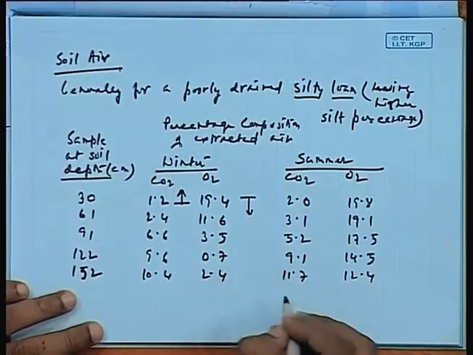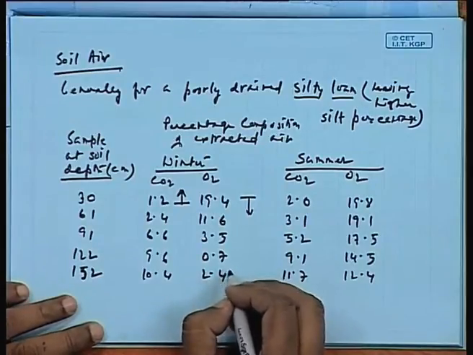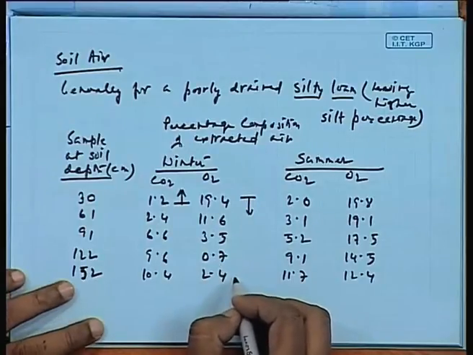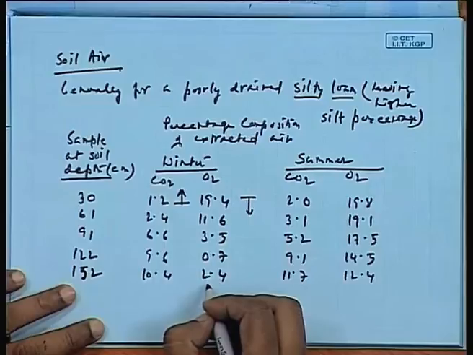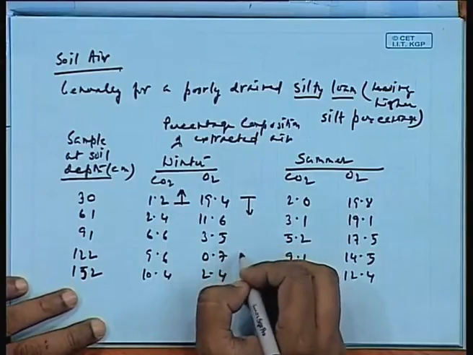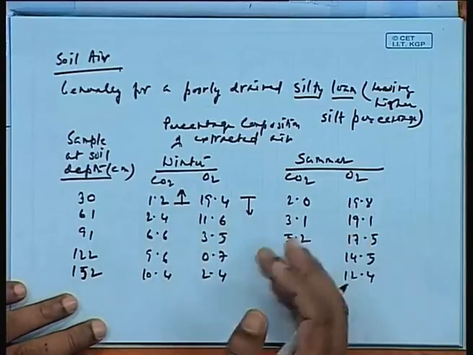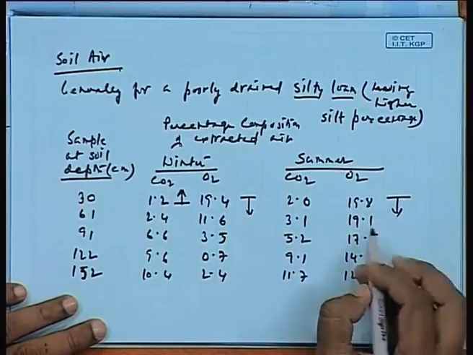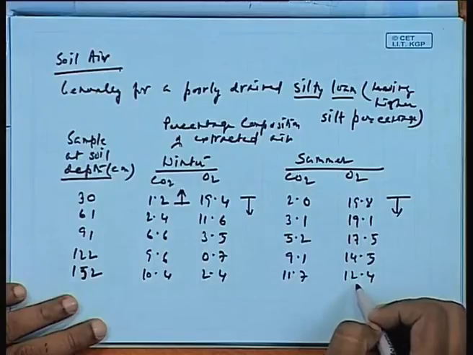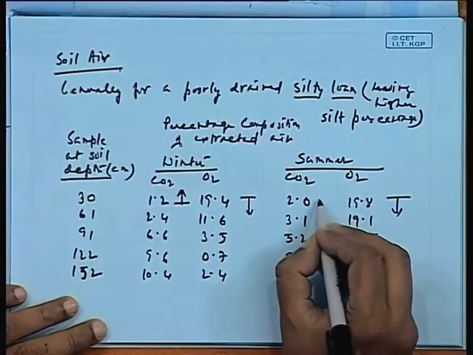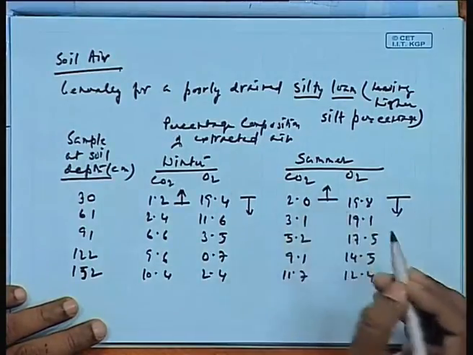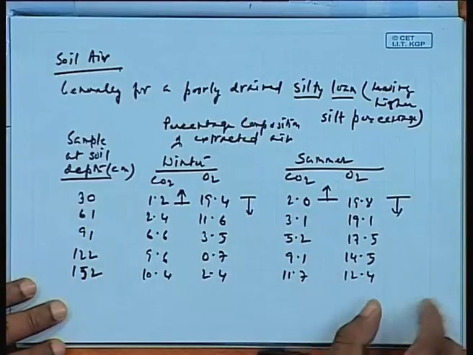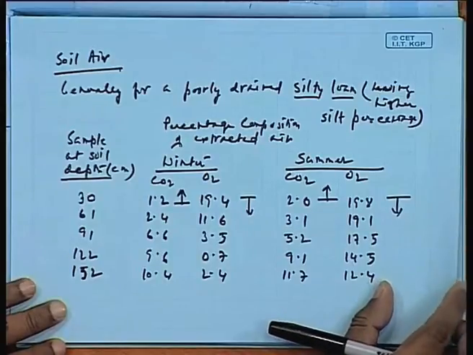Okay, this is an experimental case. Mostly the trend is towards decreasing. Here also you can see mostly the trend is towards decreasing, but at a lower rate, whereas this is decreasing at a higher rate. So this is just to suggest how the soil parameters actually behave.